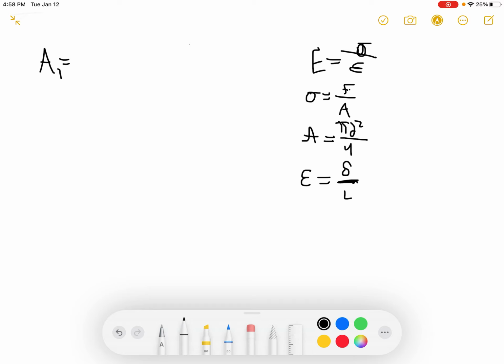So when you plug in the first diameter, you get that the area is 0.11 inches squared. And when you do the same thing for the second one, you get that the area is 0.03 inches squared.